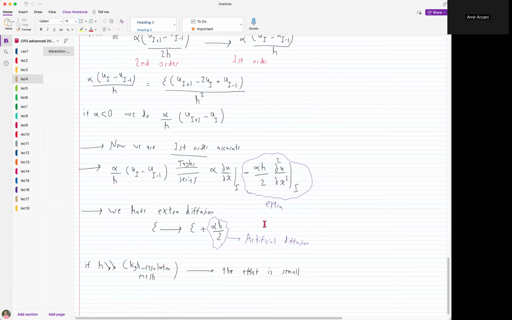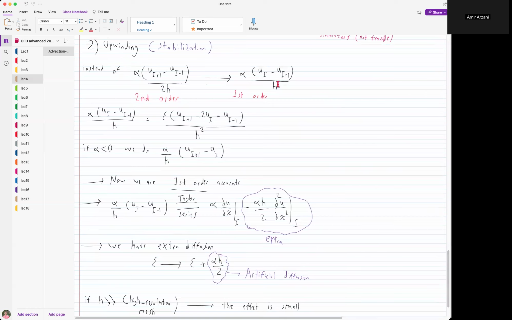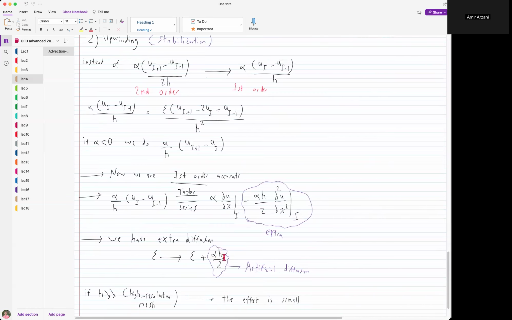In that case, you would essentially not use the upwind scheme; you'd use your regular second order accurate scheme and just add this to your diffusion coefficient. That's an alternative approach. So you can multiply this artificial diffusion by any coefficient you want and make that coefficient a free parameter.